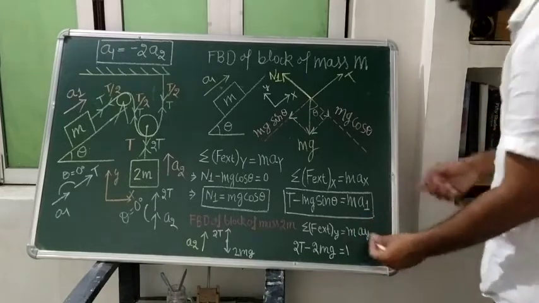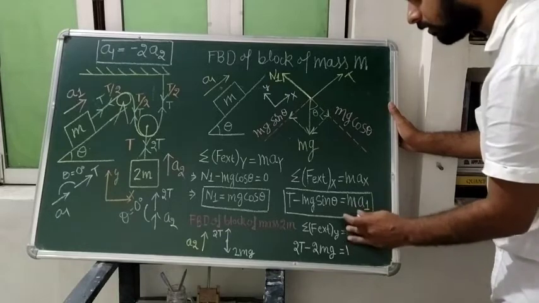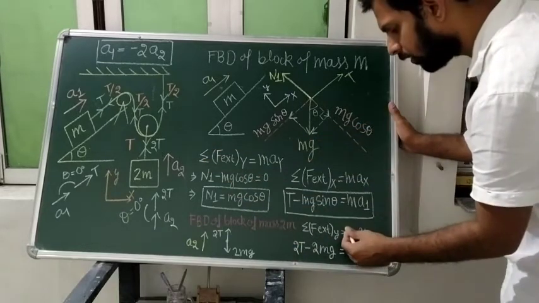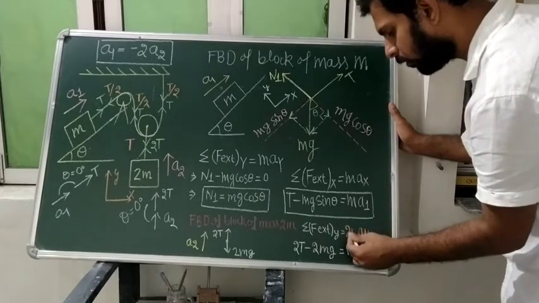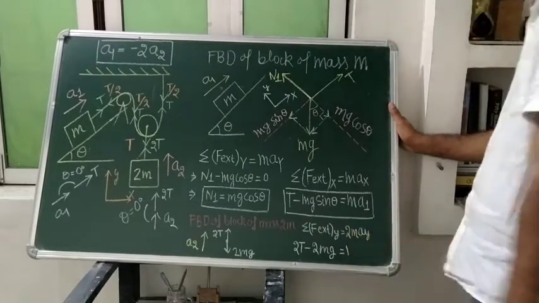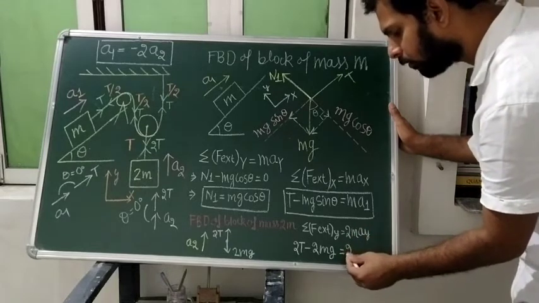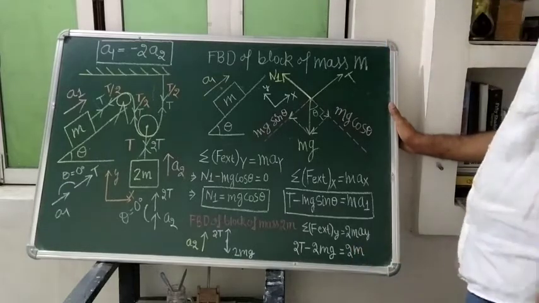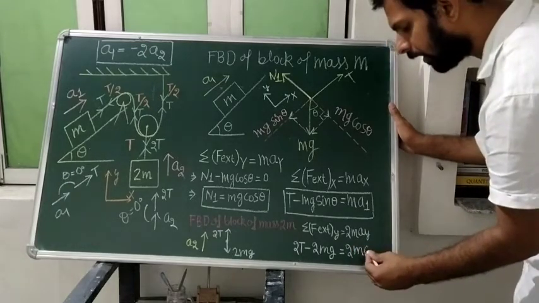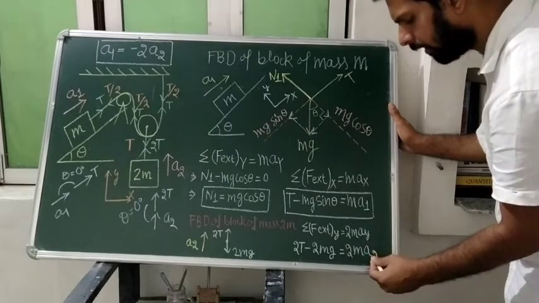That should be equal to what? The mass of this block is twice of m, so we write 2m, and acceleration in the y direction is A2, which we have assumed.